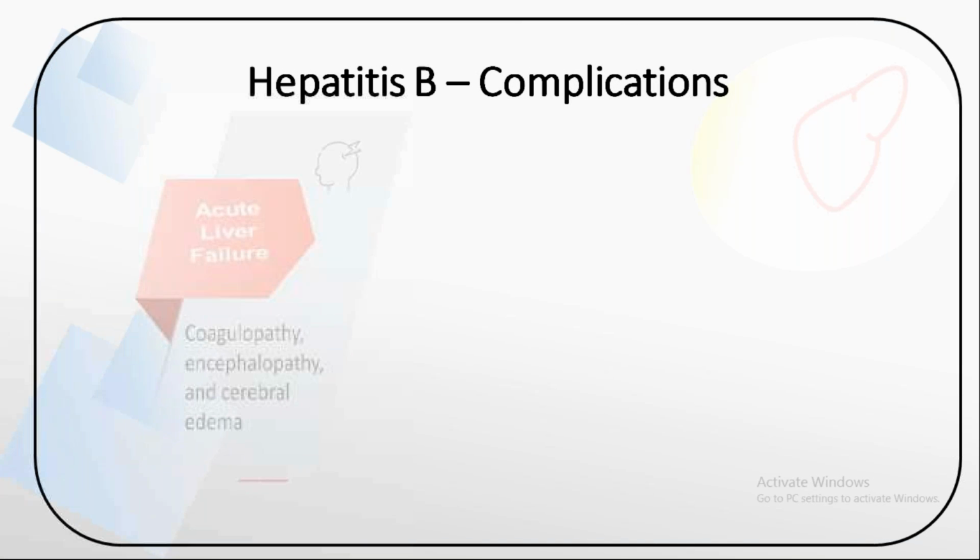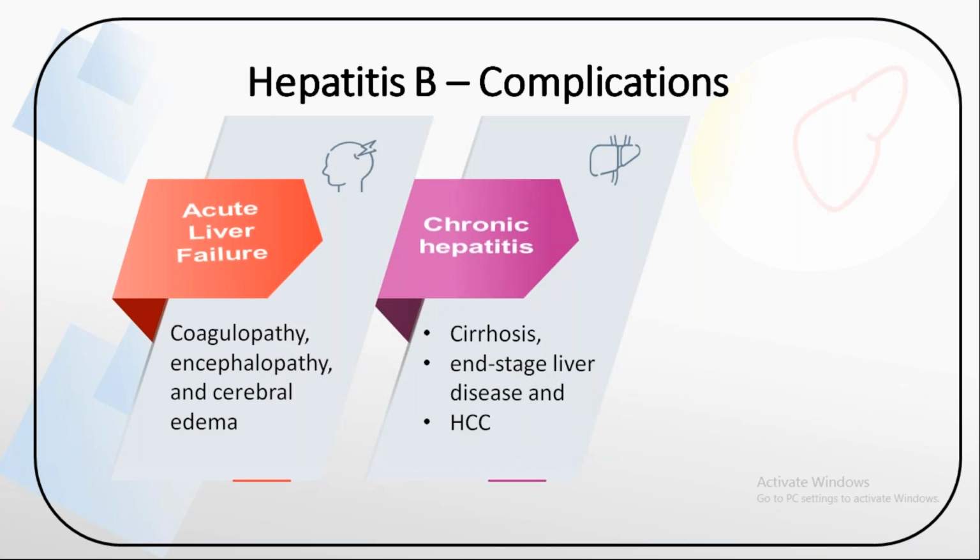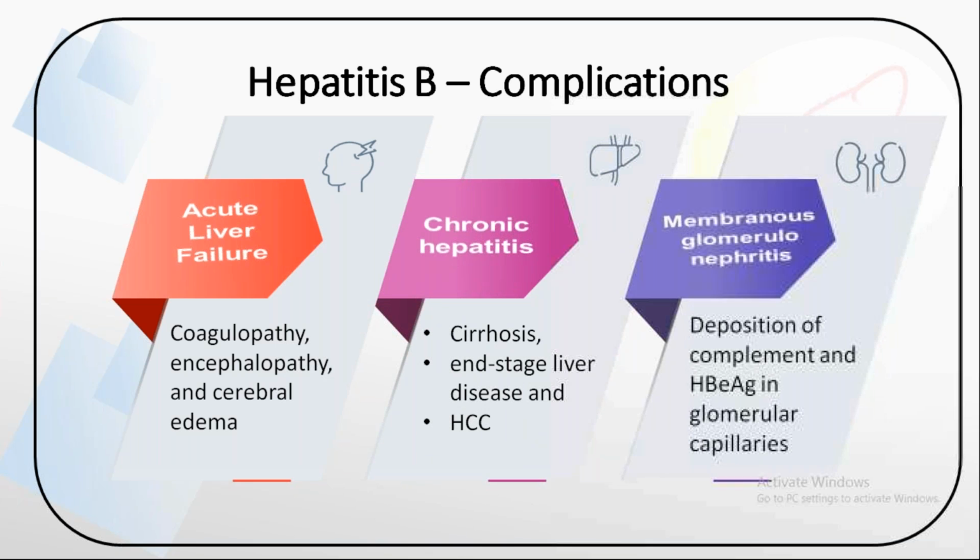What complications can occur in hepatitis B? As I said, acute liver failure can happen with coagulopathy, encephalopathy, and cerebral edema. It may lead to chronic hepatitis, with cirrhosis, end-stage liver disease, and hepatocellular carcinoma. And extrahepatic manifestations like membranous glomerulonephritis, which involves deposition of complement-based HBe in the glomerular capillary.